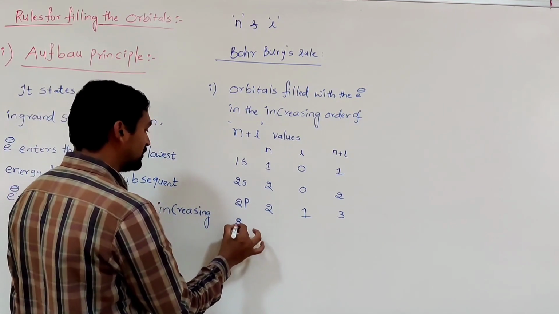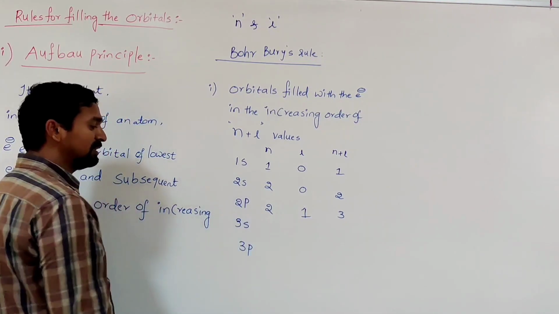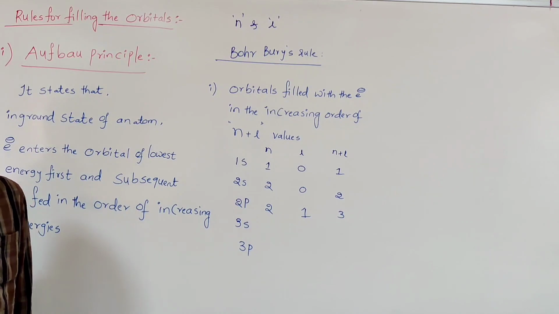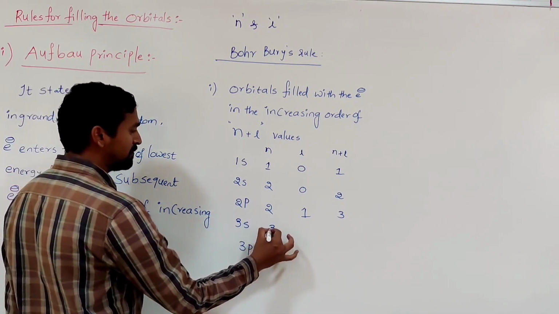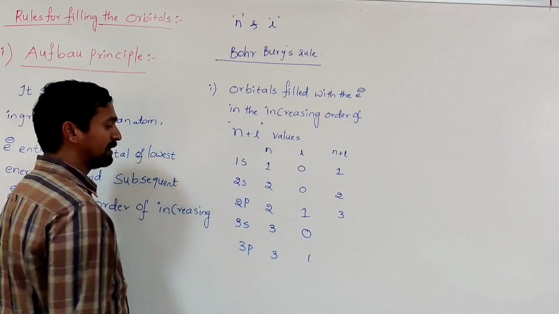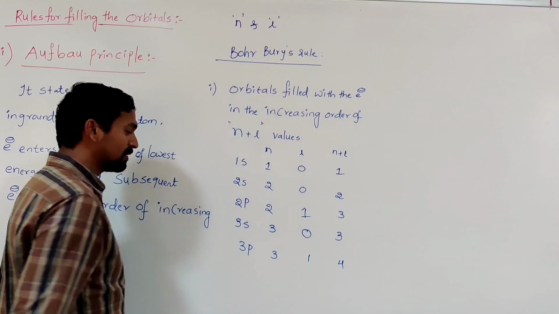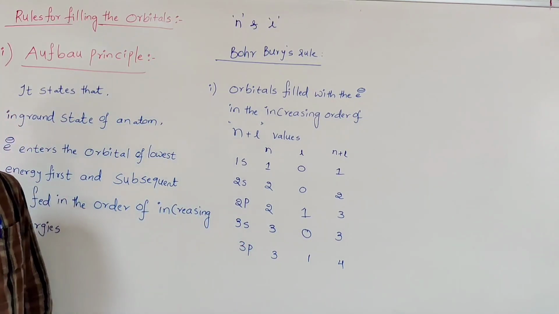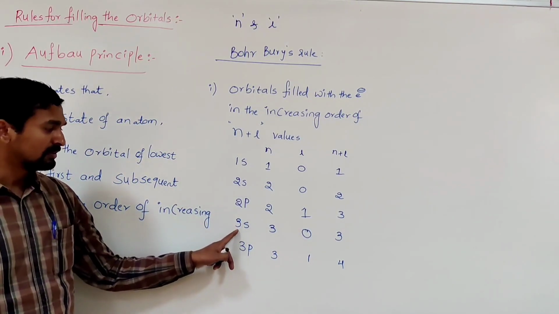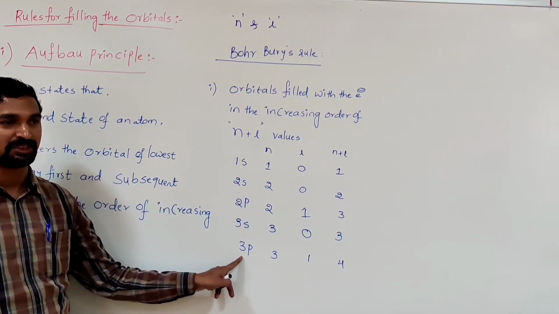Then suppose in the third shell 3s, 3p are there. Among these two, which is having the lower energy, you can calculate. Here 3 and 0, here 3 and 1. So 3 and 4. So first the electron enters into the 3s orbital. After that the electrons enter into the 3p subshell.